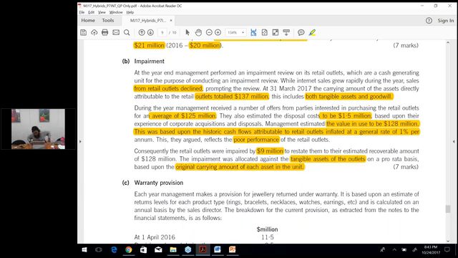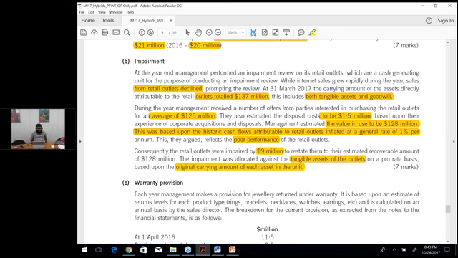Now see, if I could recall what IAS 36 states, IAS 36 states that any impairment loss shall initially be allocated to the goodwill. And the balance amount of the impairment loss should be allocated to the remaining assets on a pro rata basis.